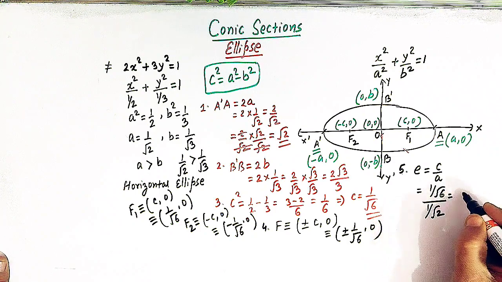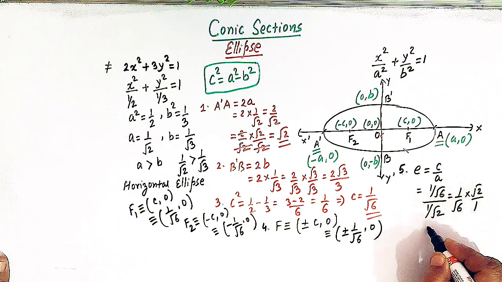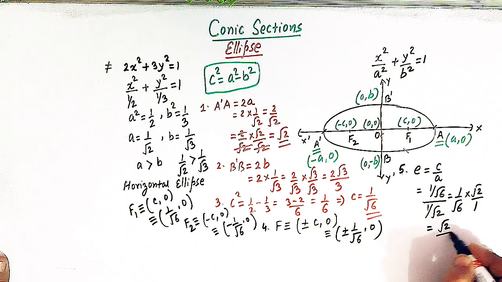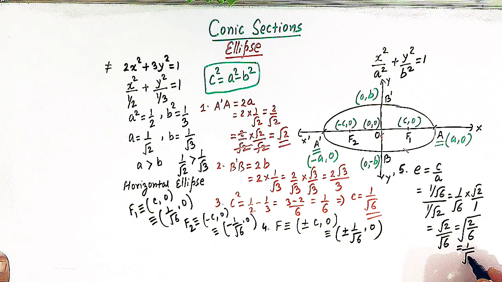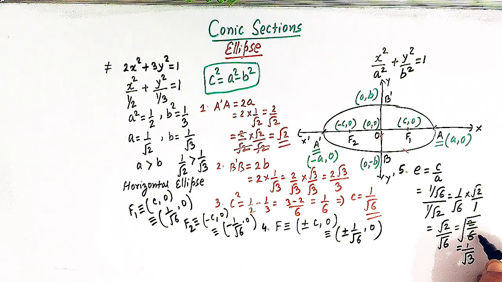So simplifying it, we have 1 over square root of 6 times square root of 2 over 1. So we have square root of 2 over square root of 6, that is square root of 2 over 6, that is 1 over square root of 3. So here we have 2 times 3 is 6, right?